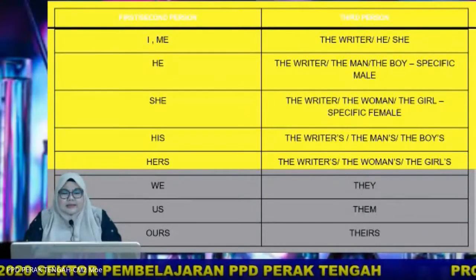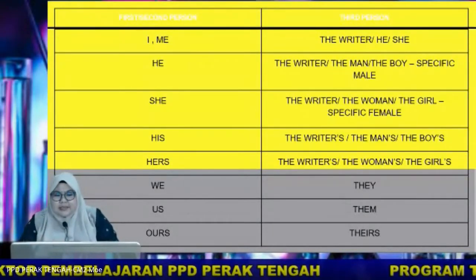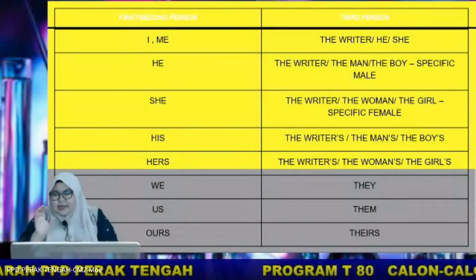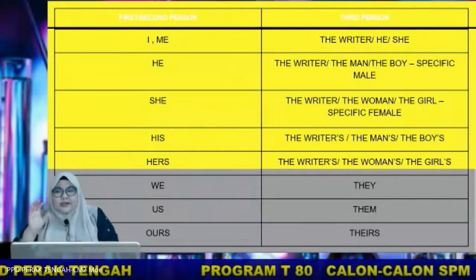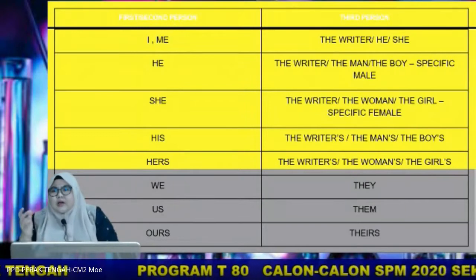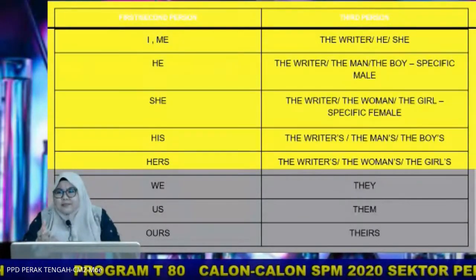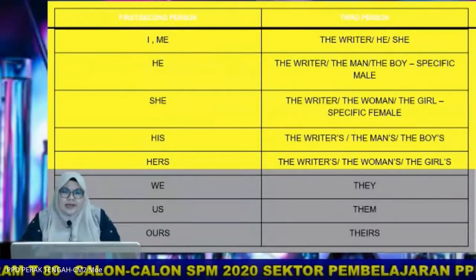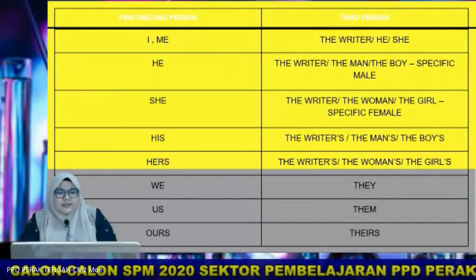When the text states I, me, the third person pronoun that we need to change it to is the writer, he or she: he for a boy or male, she for a girl or woman.